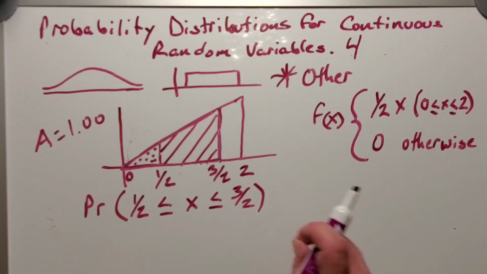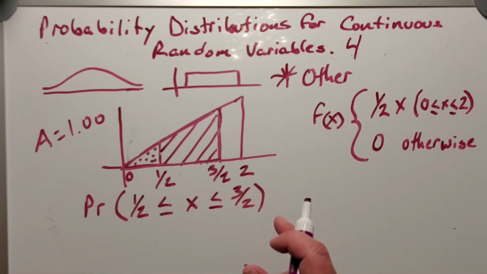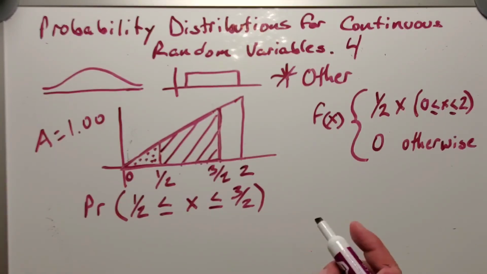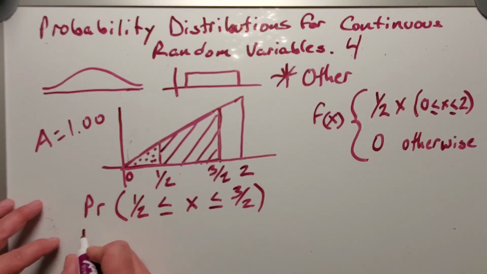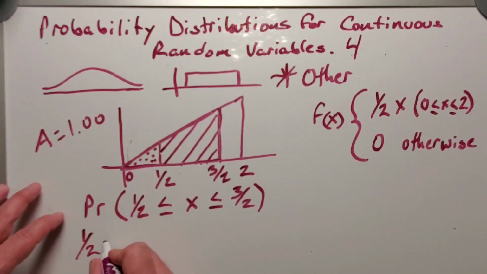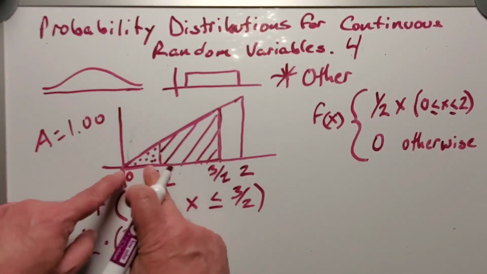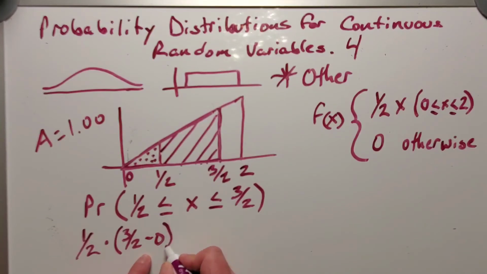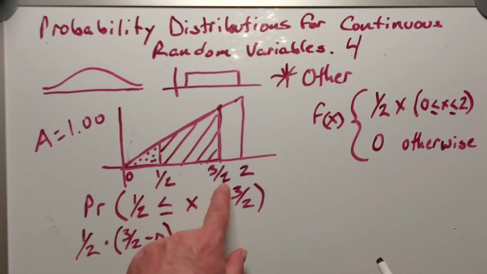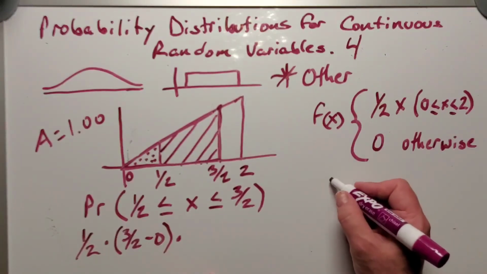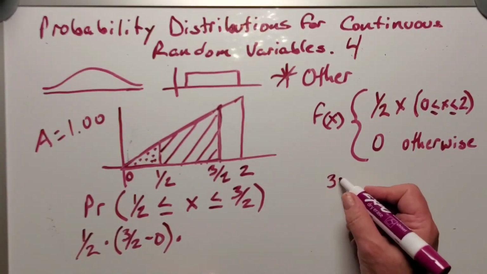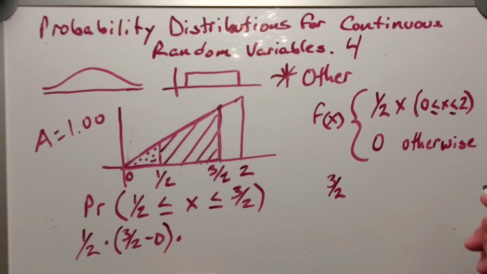So let's do that. Basically, we're going to be doing the same procedure twice. I'm going to plug in the various numbers into the area of a triangle formula. It's going to be, now this is for the bigger triangle, 1/2 times base. We're doing the whole larger triangle, so 3/2 minus 0, times height. Let me figure out the height at this point. To figure out the height at that point, I'm going to have to plug in this value into the function. So that's going to be 3/2 plugged into the function where x goes.